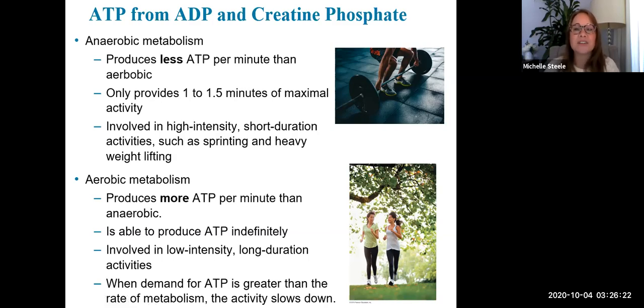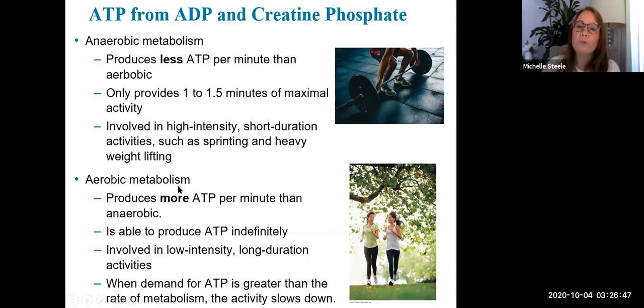As you can imagine, there's a tremendous amount of energy required to carry out any one of these types of functions, like sprinting and heavy weightlifting. We're not using oxygen. We're basically needing that energy in this anaerobic environment.